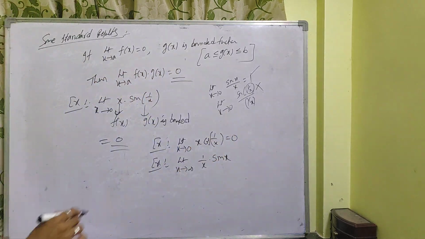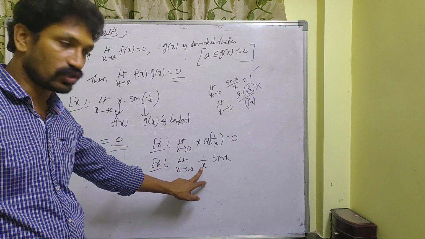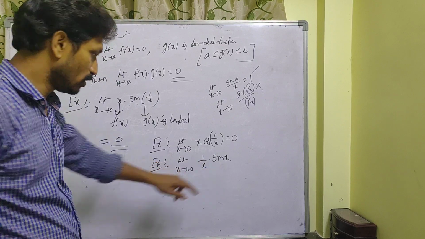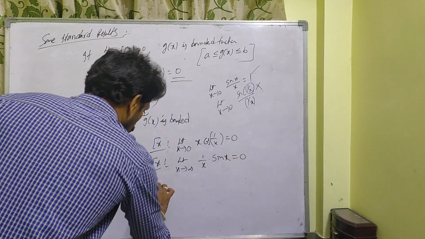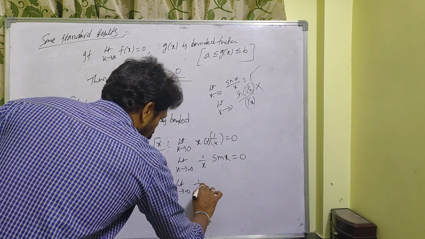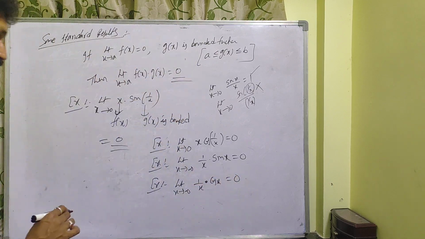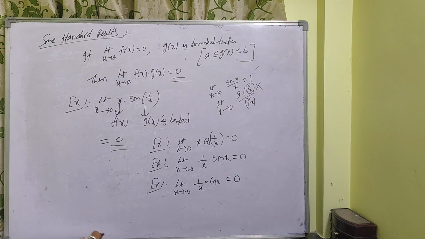Observe, as x tends to infinite, 1 by x tends to 0 and sin is a bounded function, so this one is also 0. Next example: limit x tends to infinite of 1 by x into cos x. This value is also 0. Okay, clear? Just understand here.